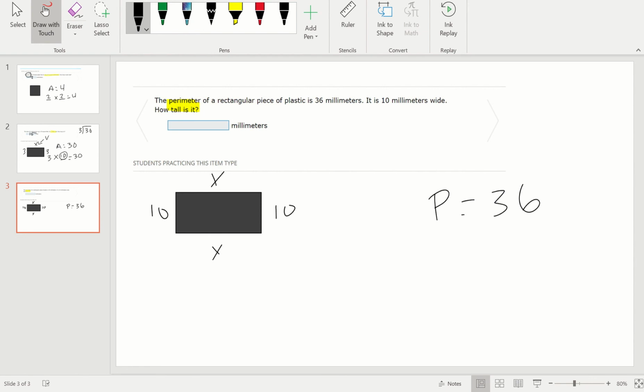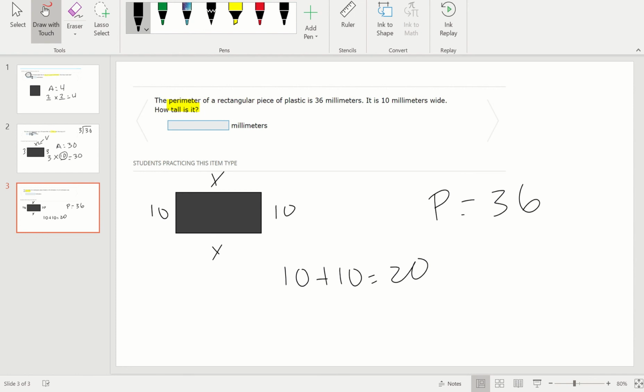So perimeter has to do with adding. The first thing I'm going to do is add up the sides that I know. So I know that 10 plus 10 equals 20. Well, if those two sides put together equal 20, that means I need to do some subtraction to find out what length is left over.